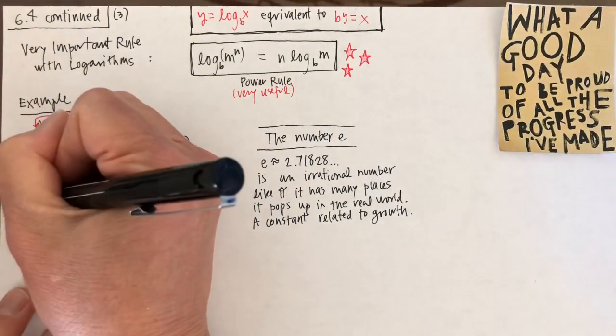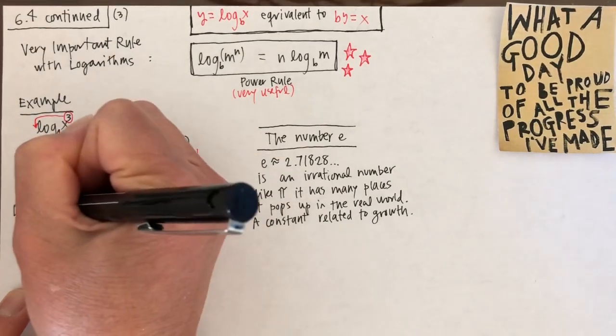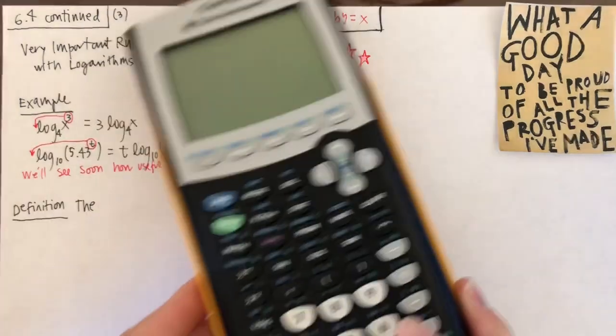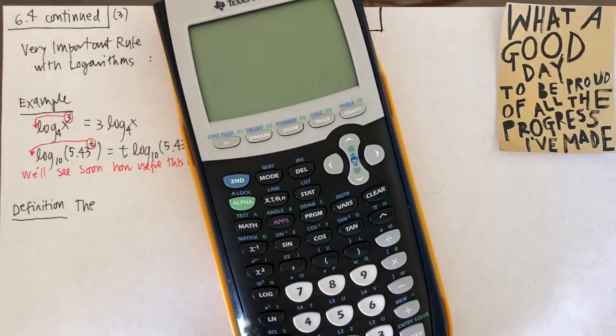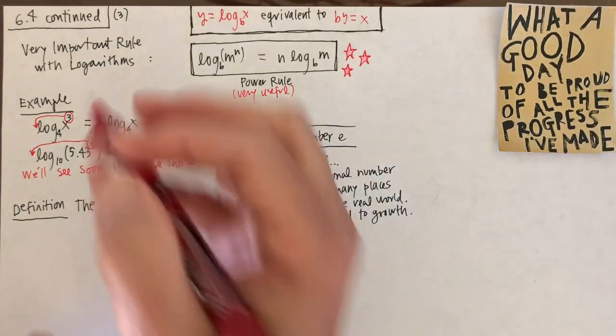Okay, so now that we know that, let's define a couple other things. There's two really special logarithms. If you look on your calculator, you'll see some log buttons. Here's a log button, and you may not immediately recognize this as a log button, but ln is another log button. These are the two most common types of logarithms, so let's talk about what they mean.